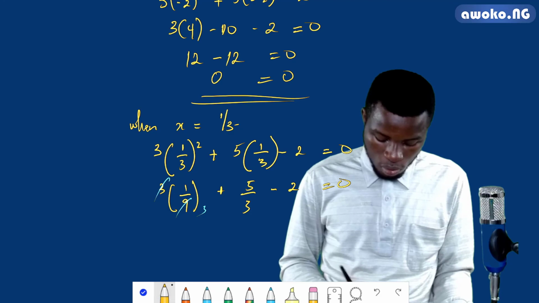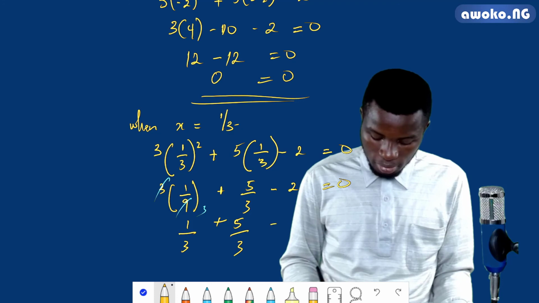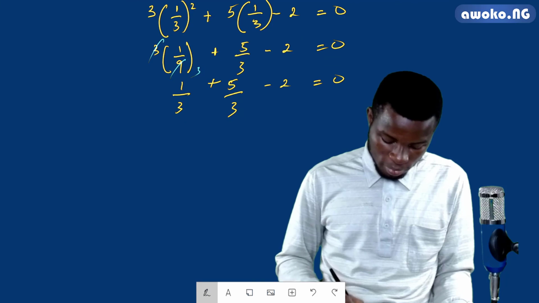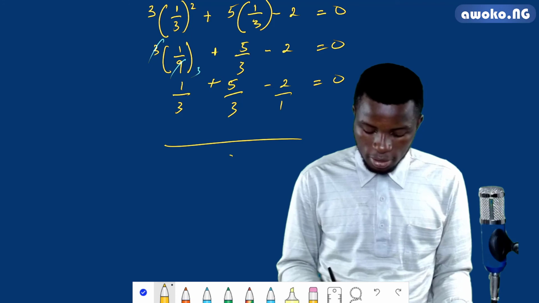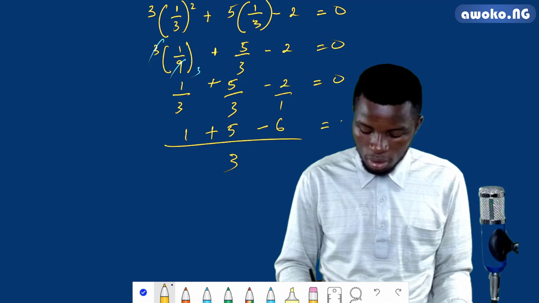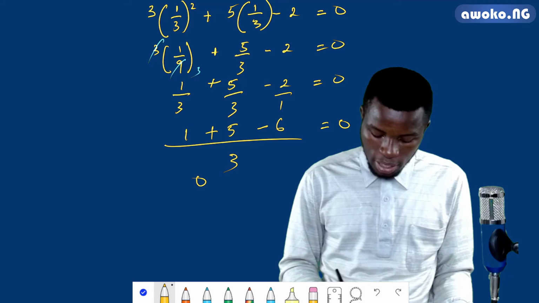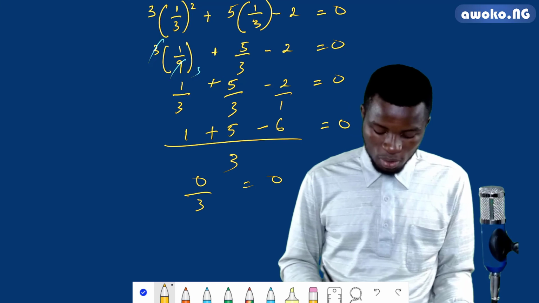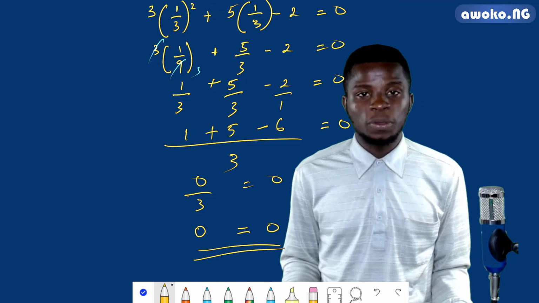So we have 1 over 3 plus 5 over 3 minus 2 equal to 0. If you find the LCM of the 3 terms, we have 3. This gives us 1 plus 5 minus 6 equals 0. So this simplifies to 0 over 3 equals 0. And you know that 0 divided by 3 will give us 0, which is equal to 0. Of course, this also gives us 0.